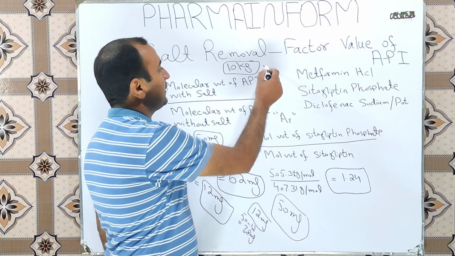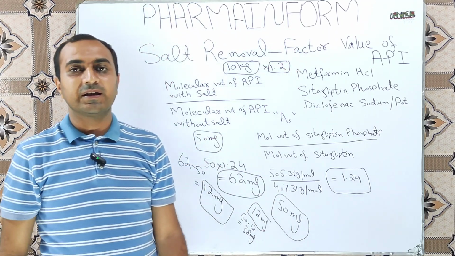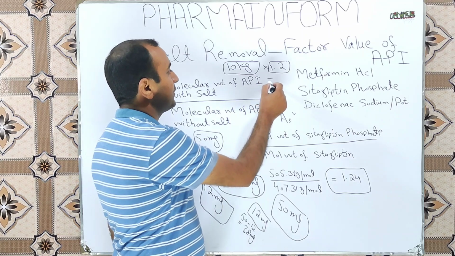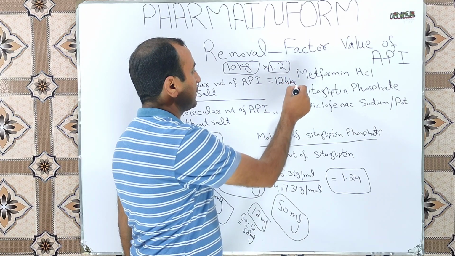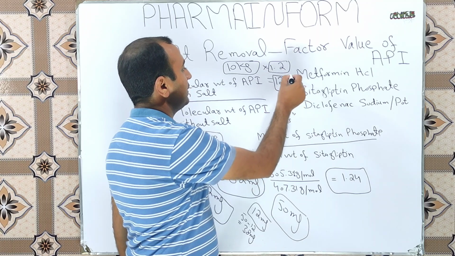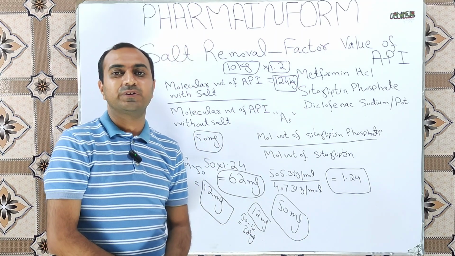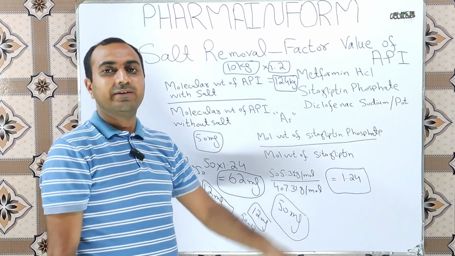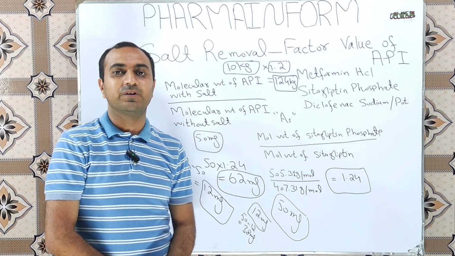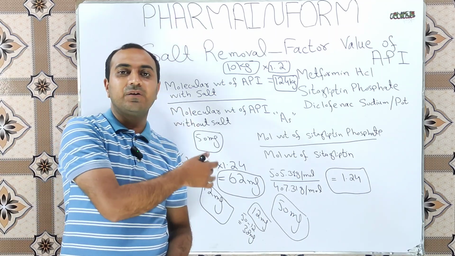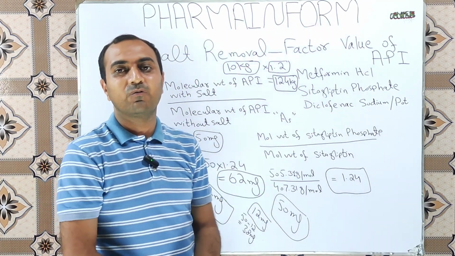So we will multiply it by 1.24, which is the factor for sitagliptin phosphate, and the answer will be 12.4 kilogram. Meaning if we use 12.4 kilograms of sitagliptin phosphate, it will be equivalent to 10 kilogram of pure sitagliptin. I hope now you are clear with the factor value calculation or salt removal value calculation.